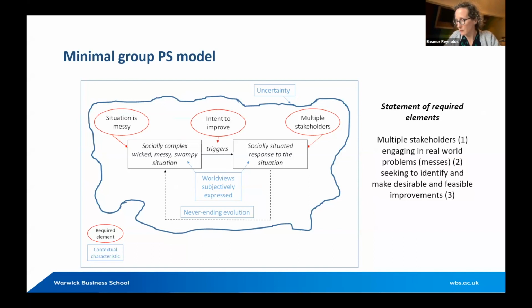So I've said multiple stakeholders engaging in real world problems, seeking to identify and make desirable and feasible improvements. I should mention, of course, that I'd specified that that was going to be a minimal group problem structuring model. And that's where the multiple stakeholders came from.